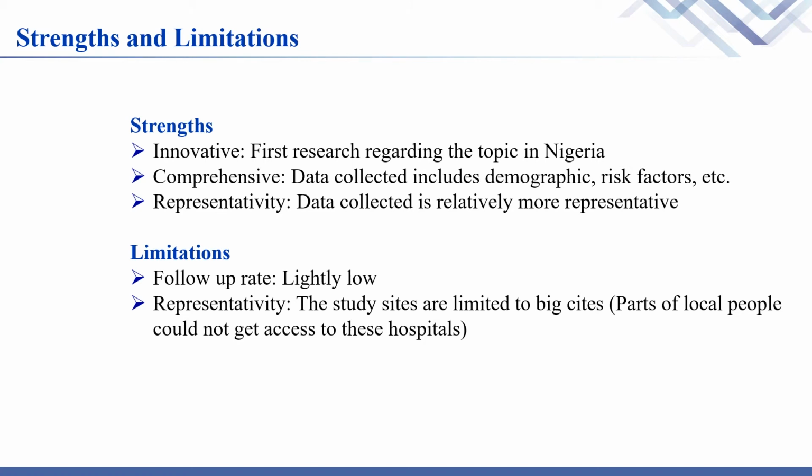I think it is representative because we have different sites distributed across different states in Nigeria. But that is also one of our limitations, because the sites are located in big cities, and some local people don't have access to this treatment and these diagnoses. And our follow-up rate is a little bit low.